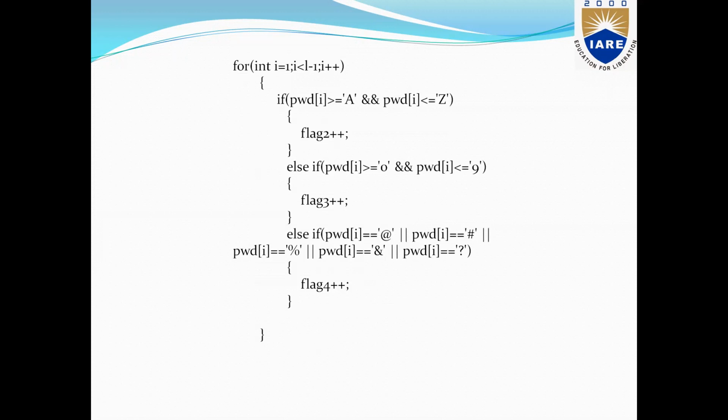Else if password i is greater than 0 and less than 9, flag 3 will increase. Else if password i is equal to at the rate, or hash, or percent, or ampersand, or question mark, it will increase flag 4.